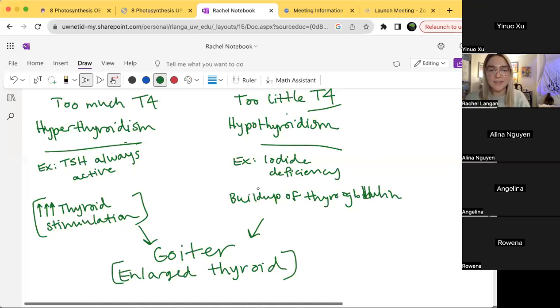If you don't have iodide around, it won't attach to the thyroglobulin, but everything else will still happen. So it'll still intake the thyroglobulin, but it's not going to make functional T4 or T3 because there's no iodide. So it just builds up inside the cell and it enlarges the thyroid with that buildup.